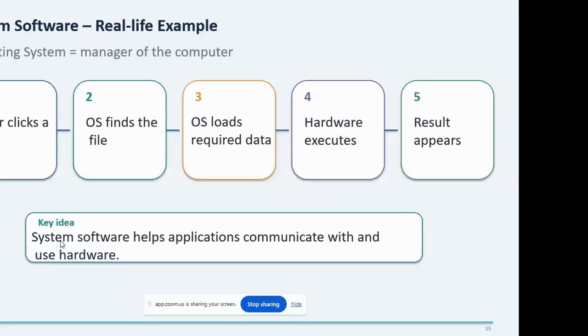Now coming to the system software. As I told you, the software which is mandatorily required to work with the computer is called system software. The operating system is one example I gave you. This is the outline of how the operating system works.